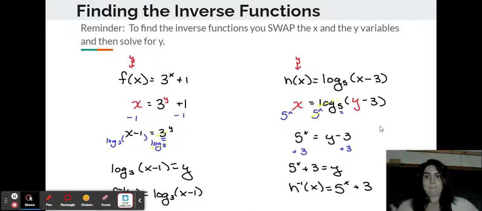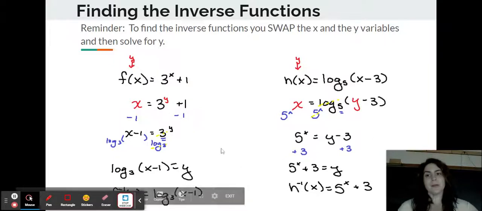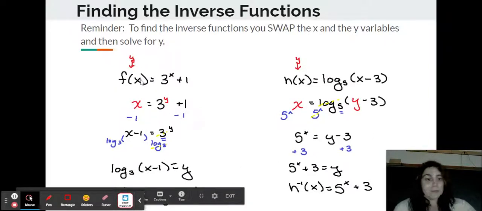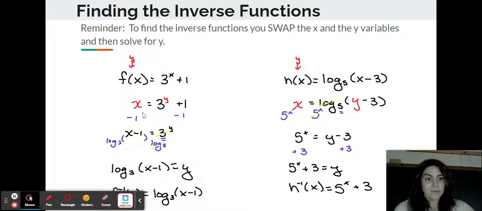Okay. The other thing, since they're inverses of each other, I can find inverse functions. Remember, to find an inverse function, you swap your x and y, and you've got to get the y by itself again. So if we take a look at these 2 problems, I just rewrote f of x and h of x as y. I swapped their positions. So now I have x equals 3 to the y plus 1.